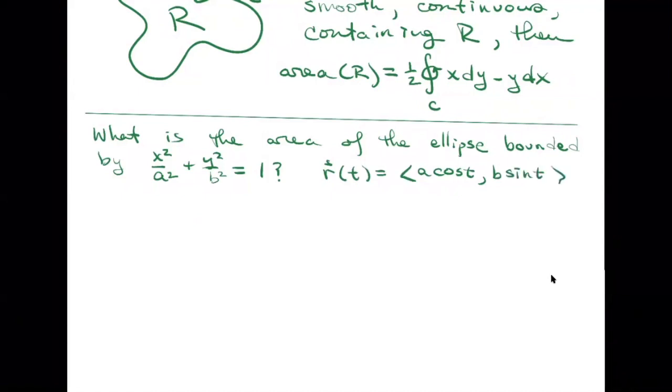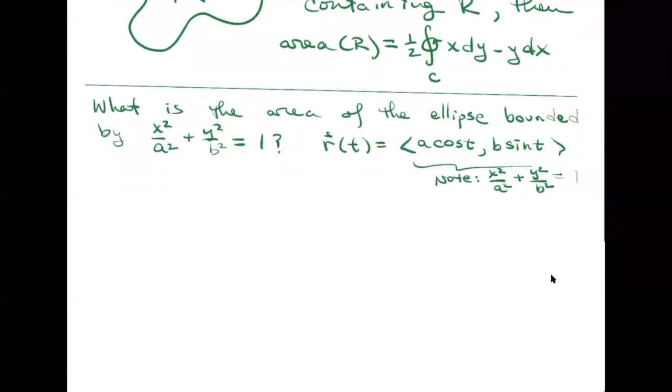And you can note that x squared over a squared is just cosine squared, plus y squared over b squared, that's just sine squared. And so that's equal to 1. Cosine squared plus sine squared equals 1. So that just validates that this truly is the parameterization of the ellipse.